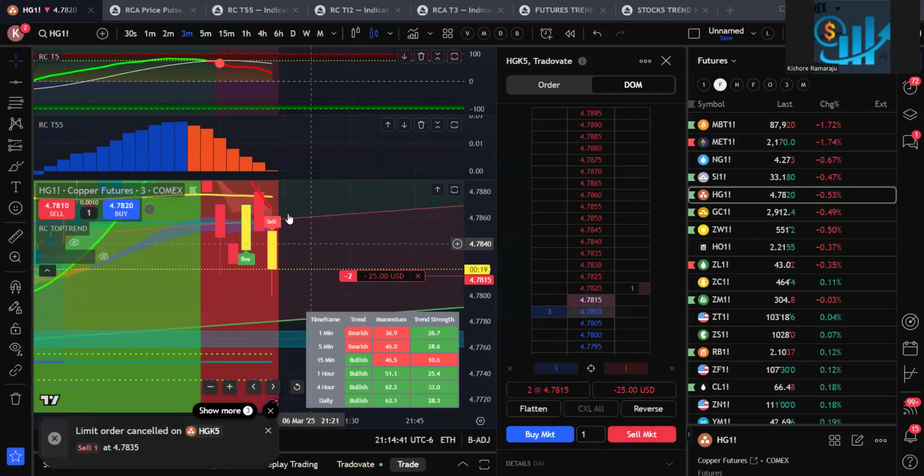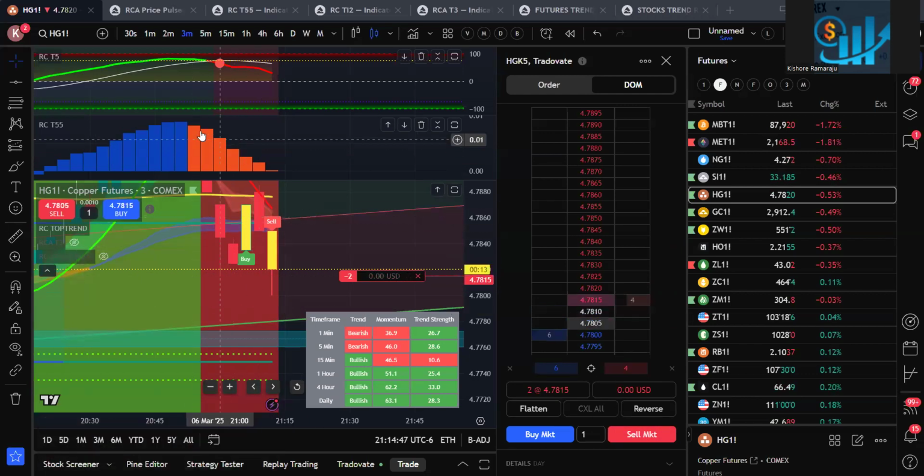I took a shot on copper. Again, right, red background. You have red here or orange here. You have red here. The trend is bearish in 1 minute, 5 minutes, 15 minutes. Also, it is bearish. It should come all the way down.